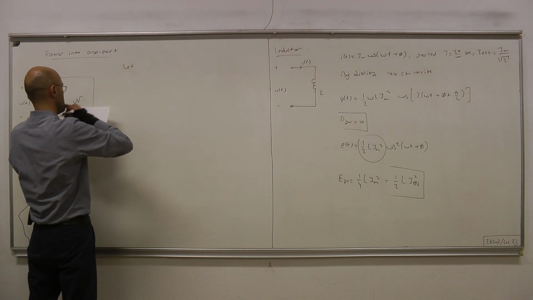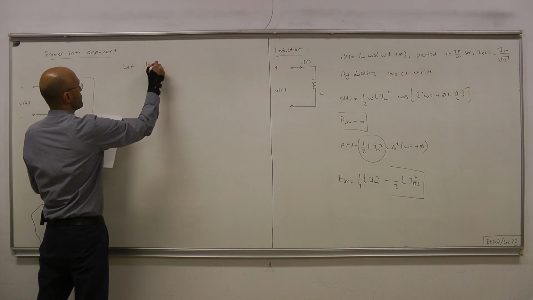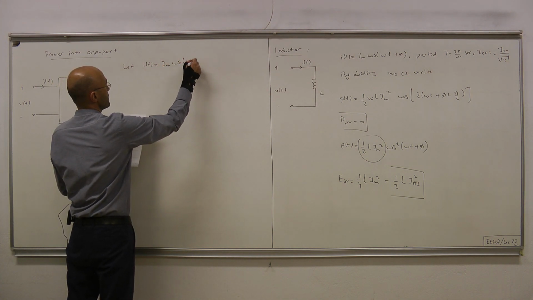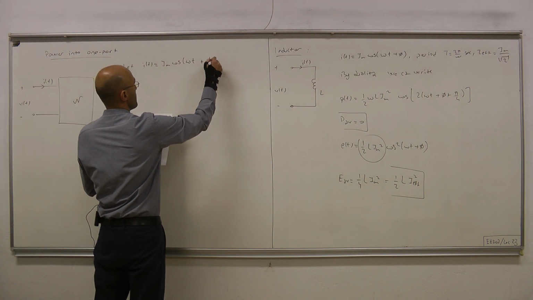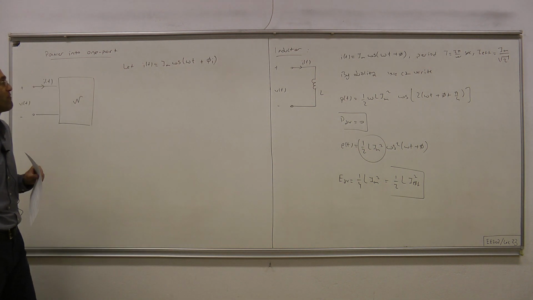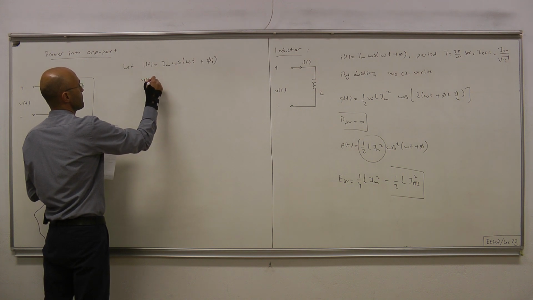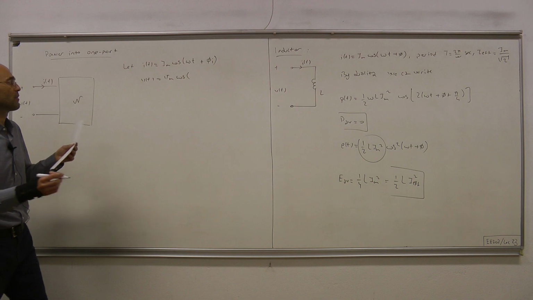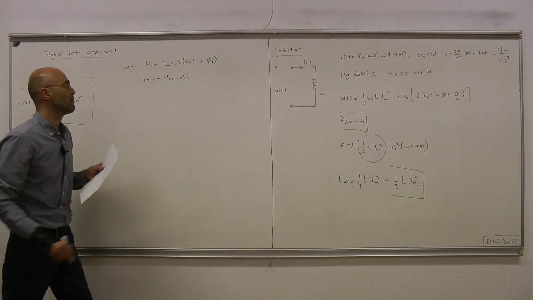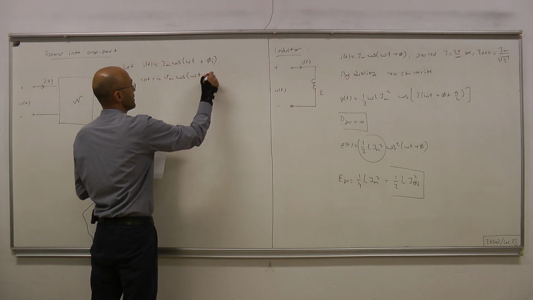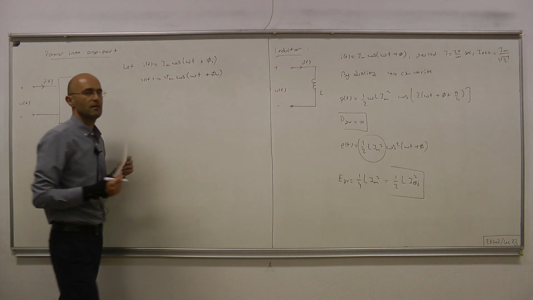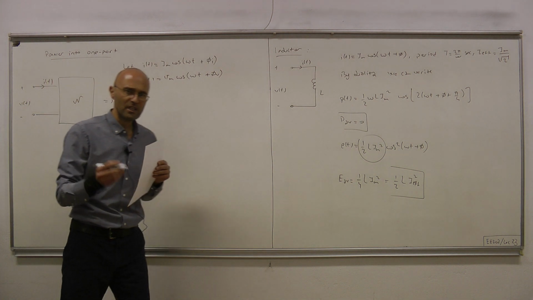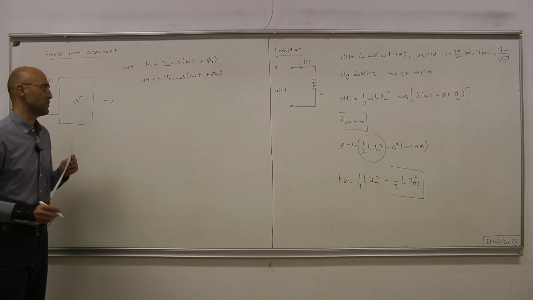So let I of t equal Im cosine omega t plus some phase, which we denote by phi I. And V of t is again a sinusoidal signal with some magnitude and some phase, omega t plus phi v, let's say. And then taking the product immediately gives us the instantaneous power.